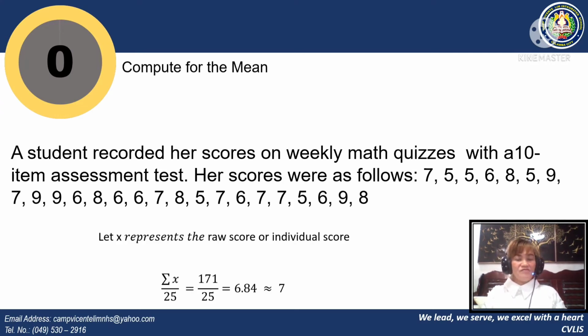First, you have to get the summation of these 25 scores. So we have 171, then divide the sum by 25 since we have 25 scores. So this is equal to 6.84 or approximately equal to 7.